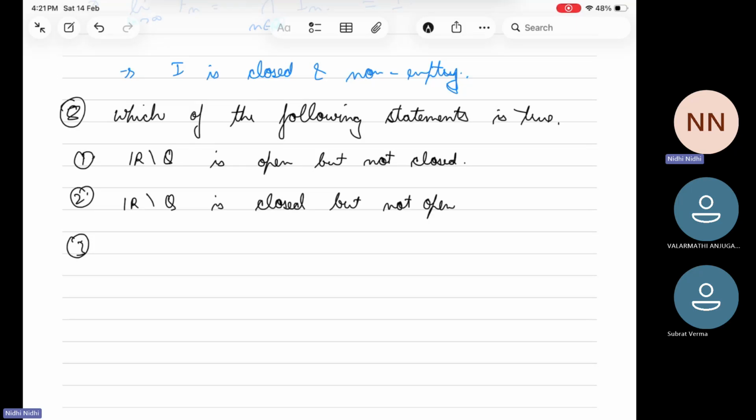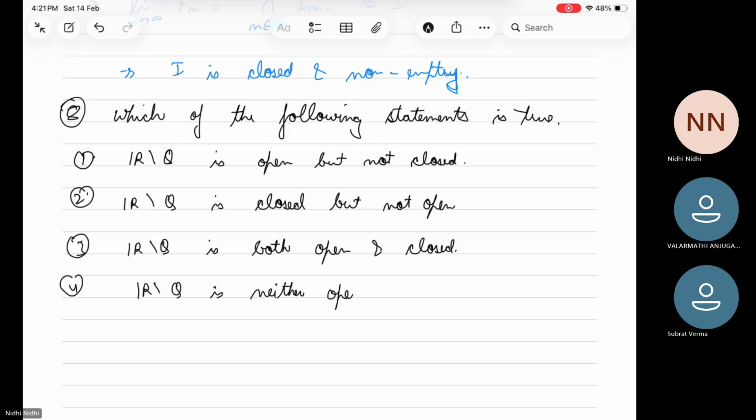Then we have R minus Q is both open and closed. And fourth, R minus Q is neither open nor closed.